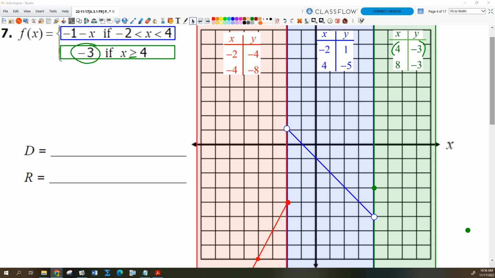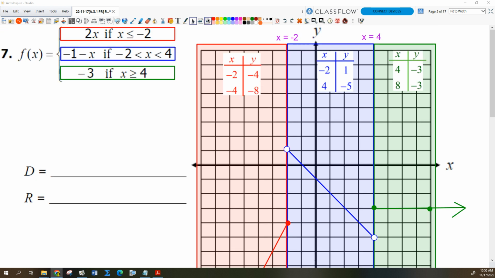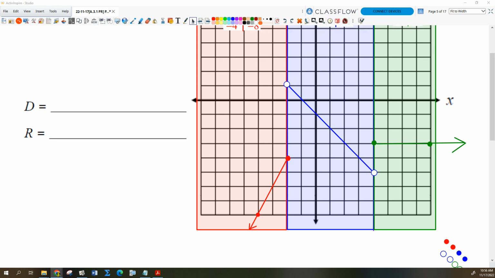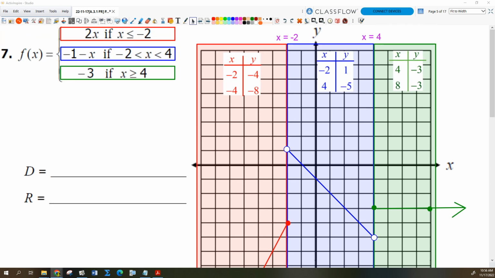If we could pick any other point we want to, like in Math Excel for school, you'd have to pick 2 points to define the line. So maybe we'll just pick one over there at x equals 8, y equals -3. And this is what we end up with then. Good? Okay, so now we got the graph.